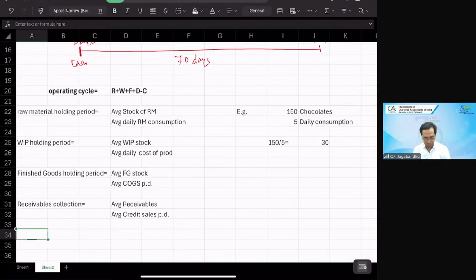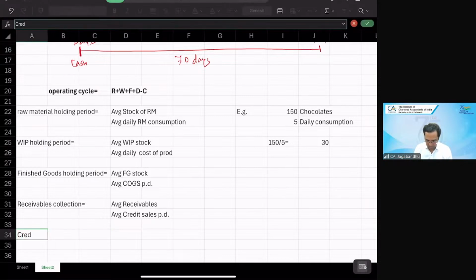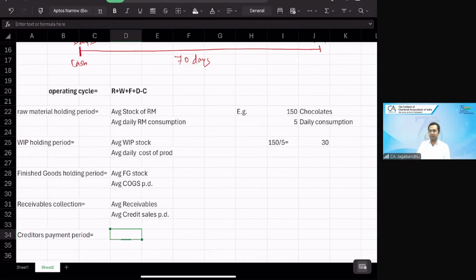Right? So if I want to find the creditors payment period, can anyone tell me what will be the formula for this on similar lines? Just like we have the receivables collection period, same way, what will be the formula for the creditors payment period?